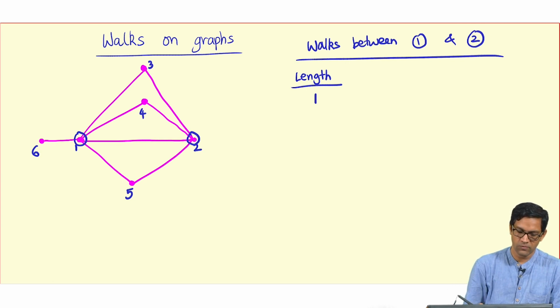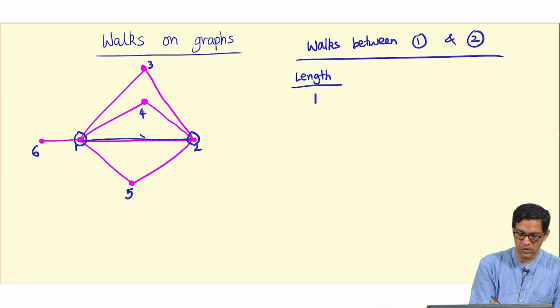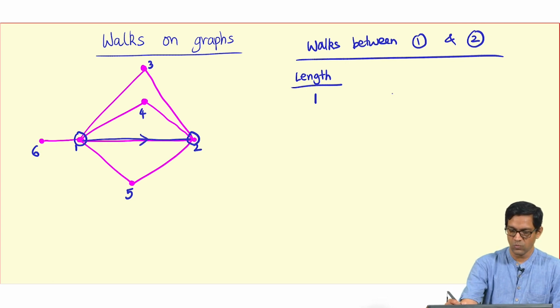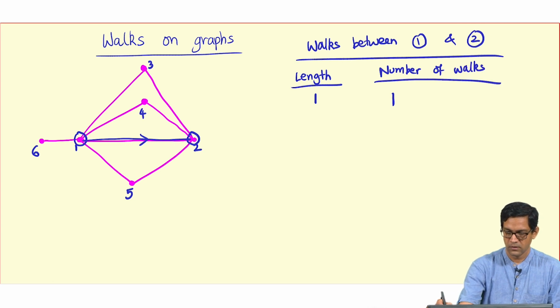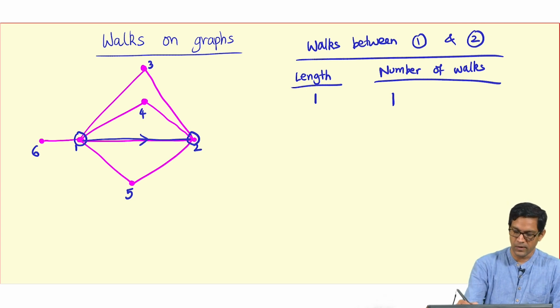So, here is a walk of length 1, you just start at 1 and you go to 2 along this edge. So, there is just one way of doing this. So, I am going to count the total number of such walks. Okay, there is no other way of going in just one step or with length 1.